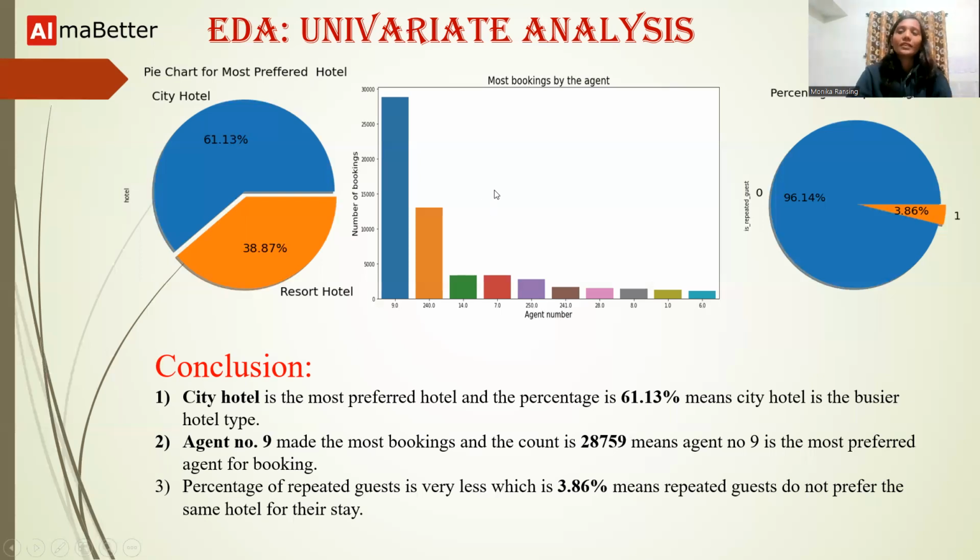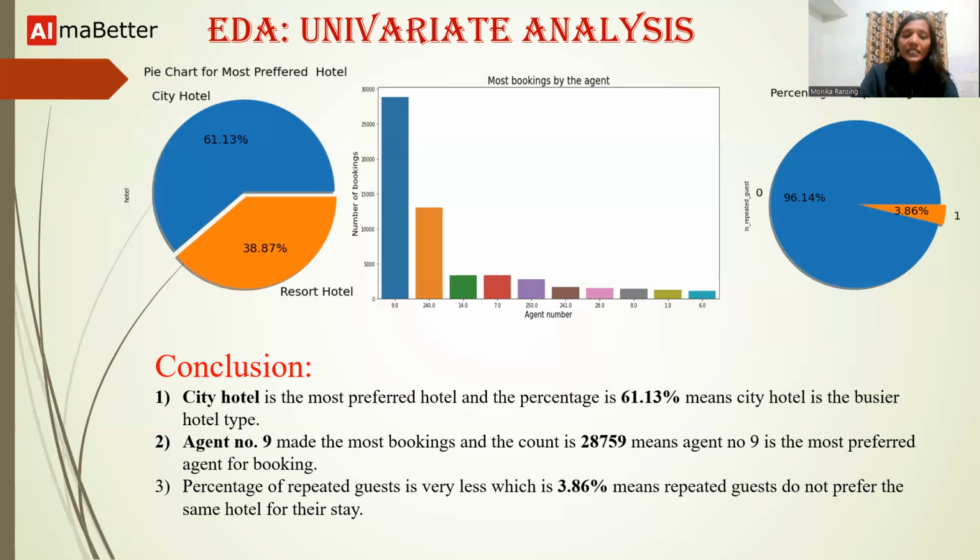The next variable is which agent made the most bookings. For that I used a bar plot, and I got the insight that agent number 9 made the most bookings, with a count of 28,759 bookings. Meaning agent number 9 is the most preferred agent for booking.